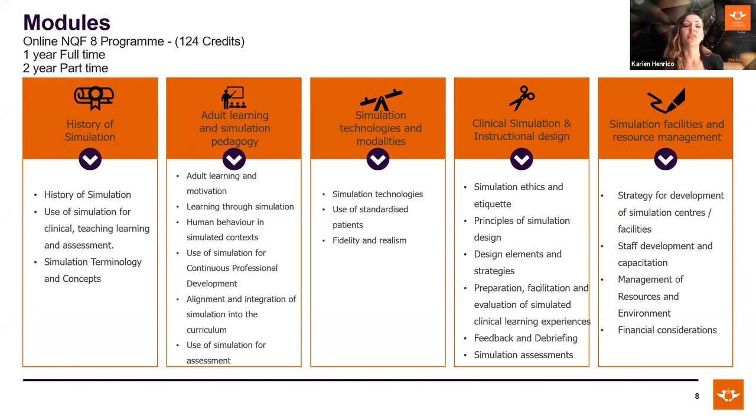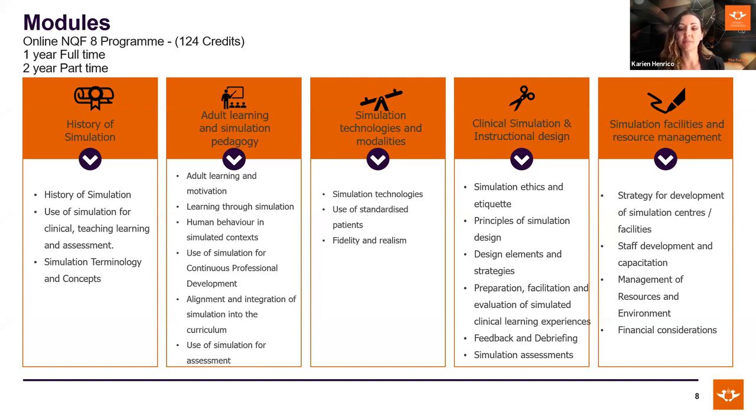So just a quick overview. The postgraduate diploma will consist of 7 modules. It's a 2-year part-time postgraduate diploma, or a 1-year full-time postgraduate diploma. So module 1 looks at the history of simulation, and you'll see that I've just listed some of the units that will be covered within each of the modules.